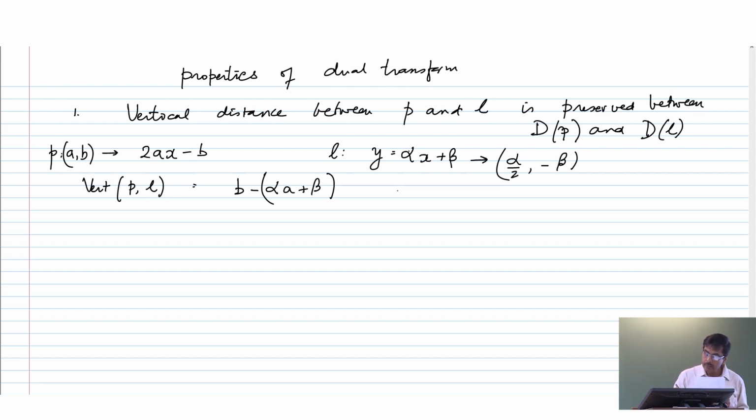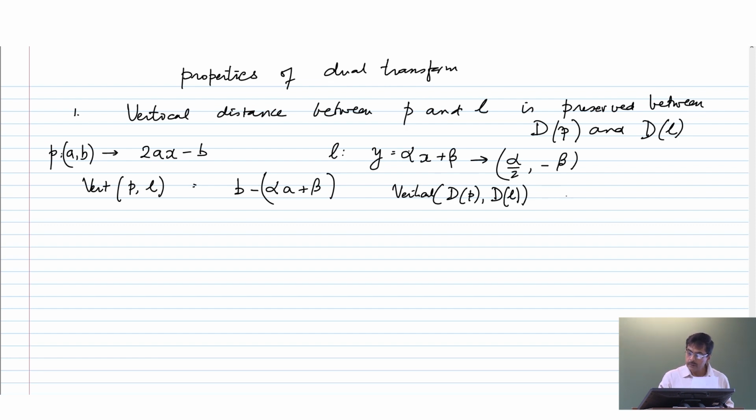and the vertical distance between d of L and d of P. So, I am using d only, instead of using d prime. Okay. So, just being a little sloppy here. Yeah. So, again you substitute what?